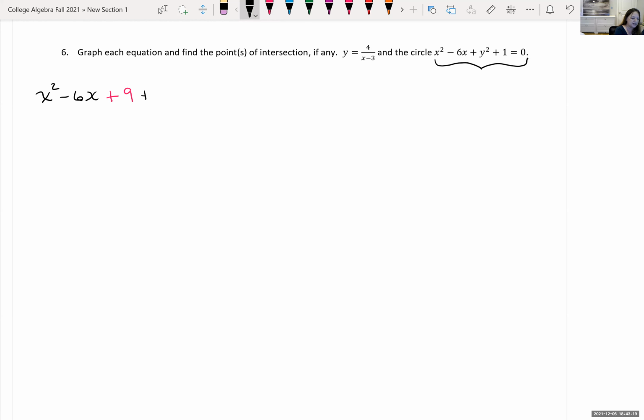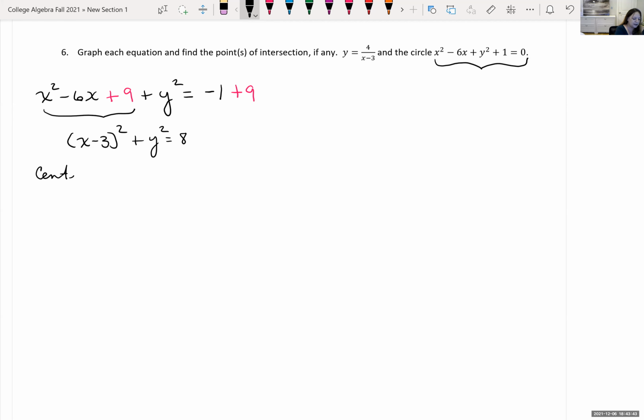And then we have that plus y squared equals, well, I'm subtracting 1 on both sides. And if I added 9 on the left, I have to add it on the right. And so the first 3 terms is now a perfect square. We have x minus 3 quantity squared plus y squared is equal to 8.